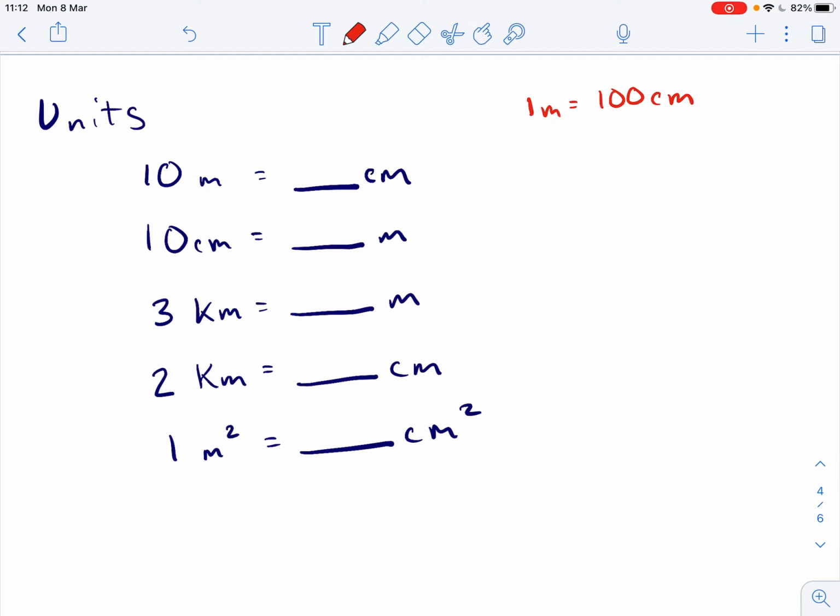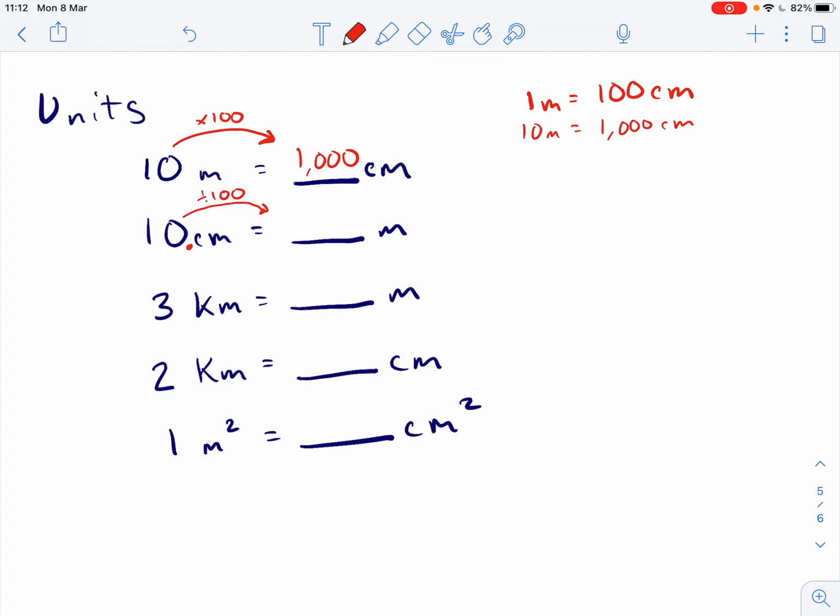If we have 10 meters, I can just times both of these by 10, and I know that 10 meters is 1,000 centimeters. So we've got that scale factor in maths, we call it, of 100. Another way of thinking about it is to times 10 by 100. And therefore, if we're going the other way round, instead of timesing by 100, I need to divide by 100 if I'm going from centimeters to meters.